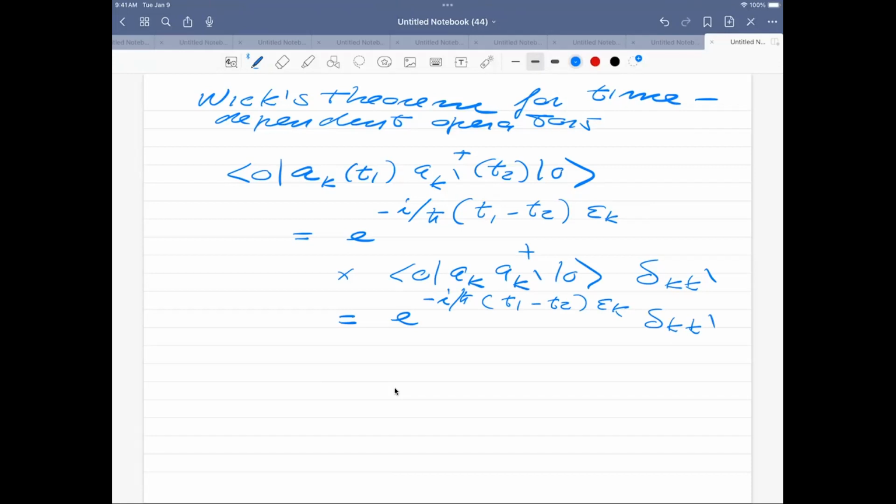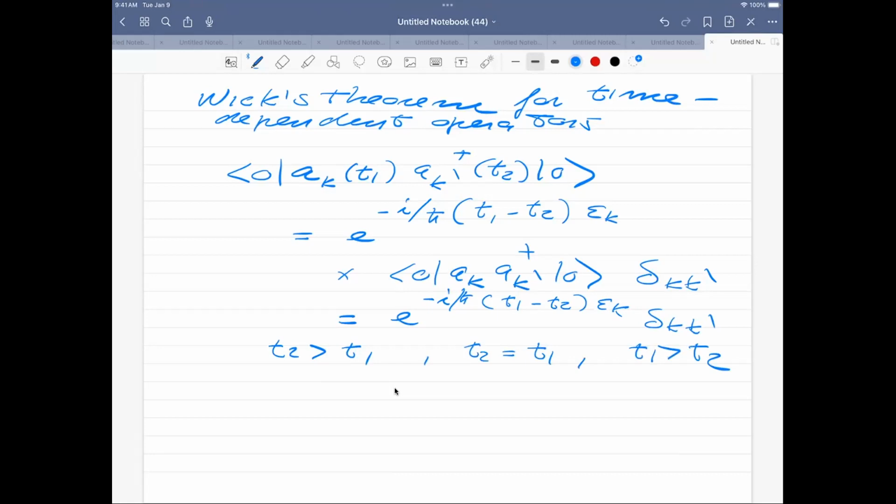So there's a small hint here. What if t2 is larger than t1? And what about t2 equal to t1 and t1 larger than t2? Which one of these makes sense to you?